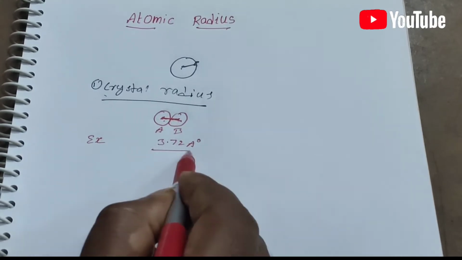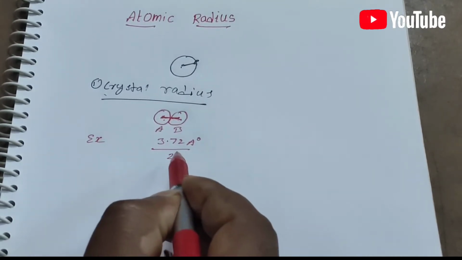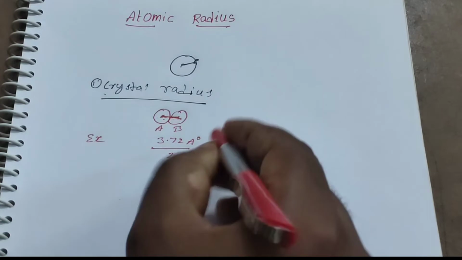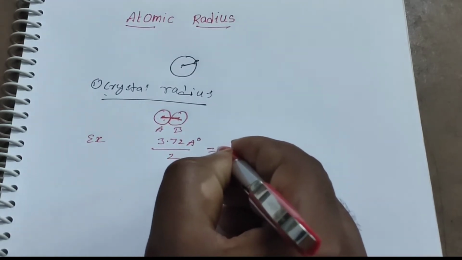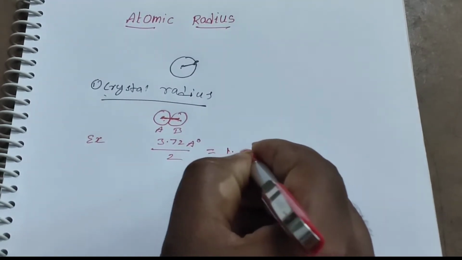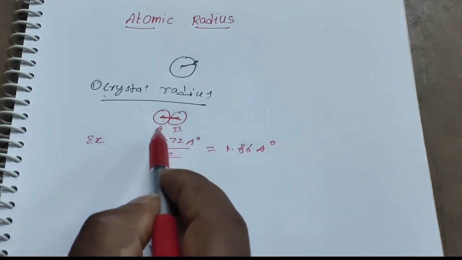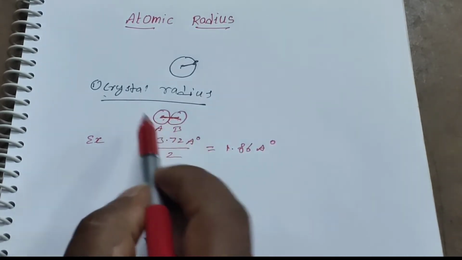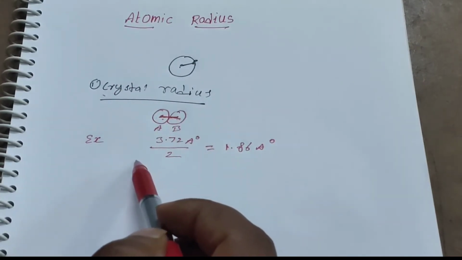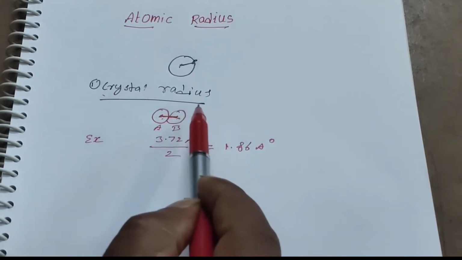That's why I divide by 2. In that case the atomic radius of sodium is 1.86 angstroms. So in a solid, the atomic radius we measure is called the crystal radius.